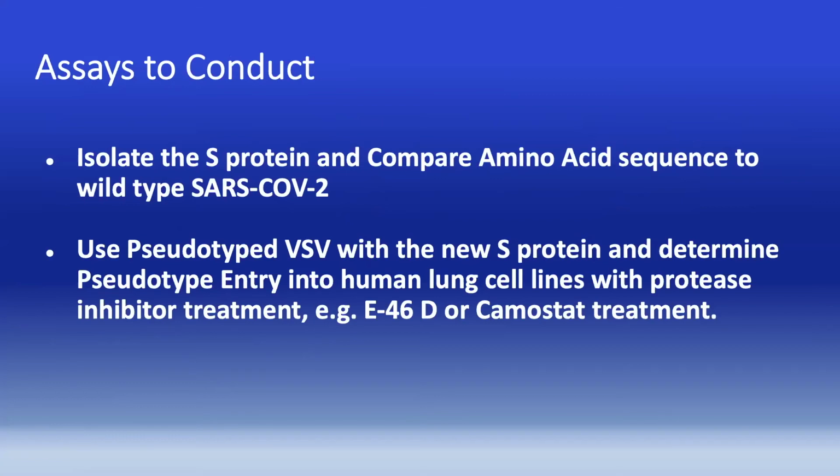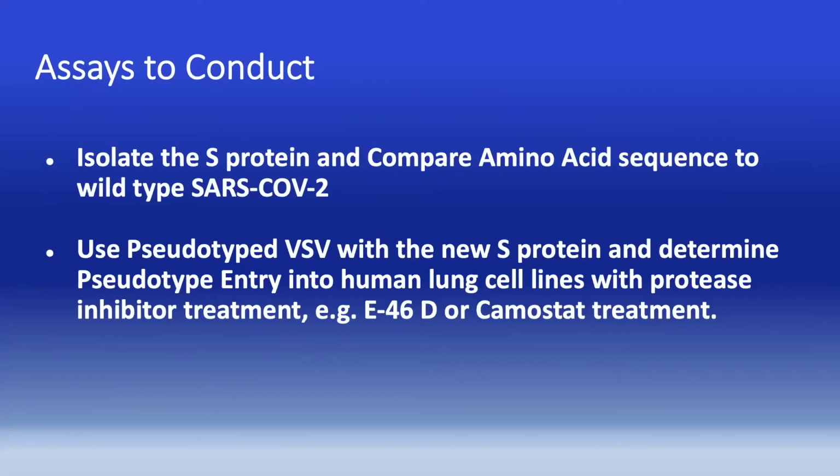It's possible that the amino acid sequence could change so that there's no longer a serine in place where it used to get cleaved to become an S1 and S2 subunit. It's also possible that the virus ends up not needing priming at all.